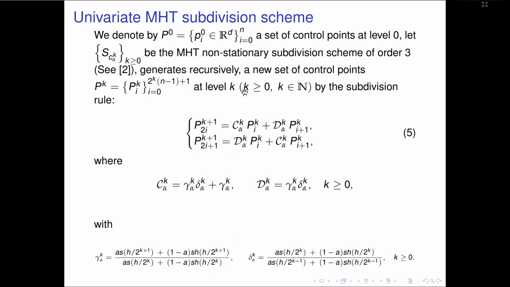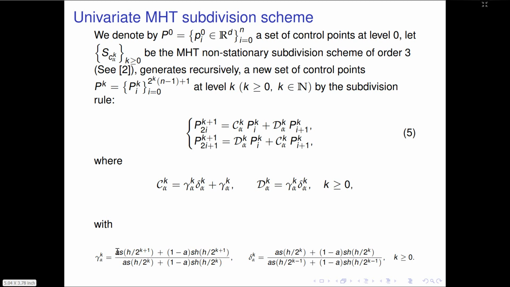Another thing is that this mask depends on the subdivision level, which is K. So this scheme is not stationary, not like the Chaikin scheme, which is stationary, because a stationary scheme uses the same mask for all levels of the subdivision scheme, but in our case we have a non-stationary scheme, so it depends on the level of subdivision.